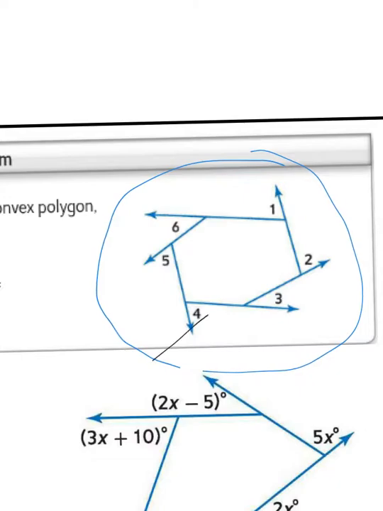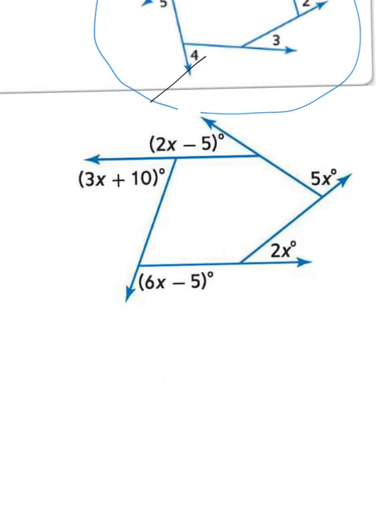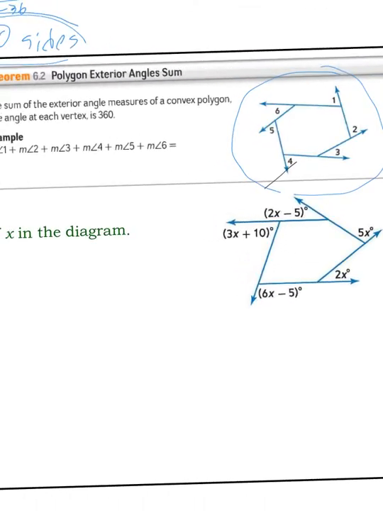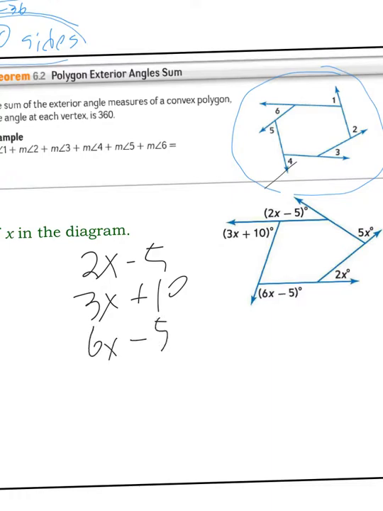So all I'm going to do here to solve this is just add everything up and set it equal to 360, and then I will have figured out x. So I've got 2x minus 5 plus 3x plus 10 plus 6x minus 5 plus 5x plus 2x.